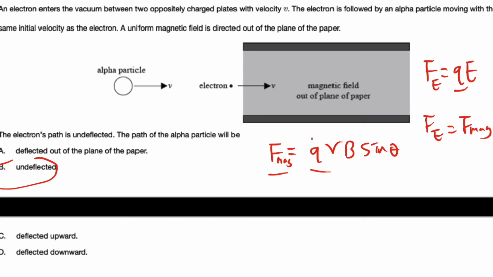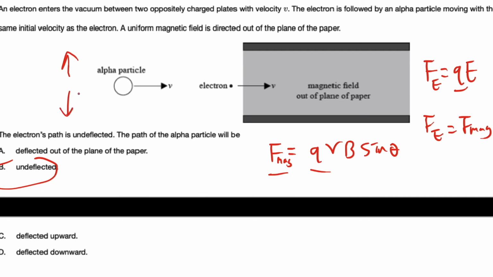So if the electron remains undeflected, then the alpha particle will also remain undeflected, right? You just think about this in a mathematical way.